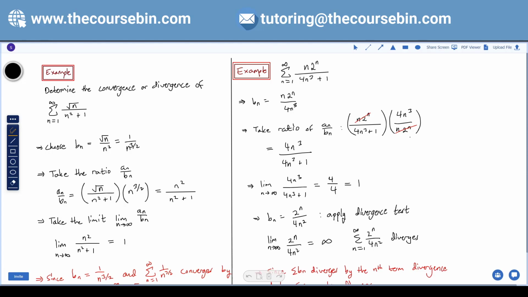There's another test that has to do with alternating series called the alternating series test. This test is useful because it allows us to conclude that a series actually converges when you take its limit. If you take the limit of a_n as n goes to infinity, and that limit equals 0, then the alternating series test tells you that it's convergent.